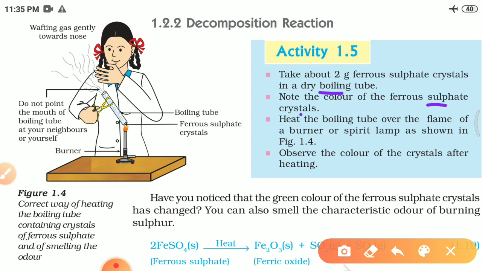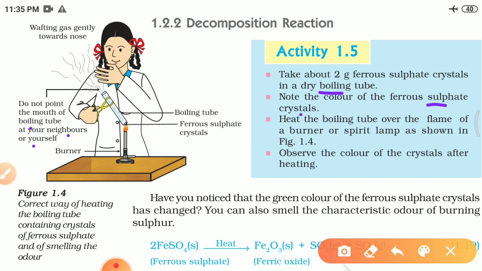Now observe the color of the crystals after heating. We will see that the color of the crystals after heating is red brown. Here also the precaution is that you do not point the mouth of the boiling tube at your neighbors or yourself.